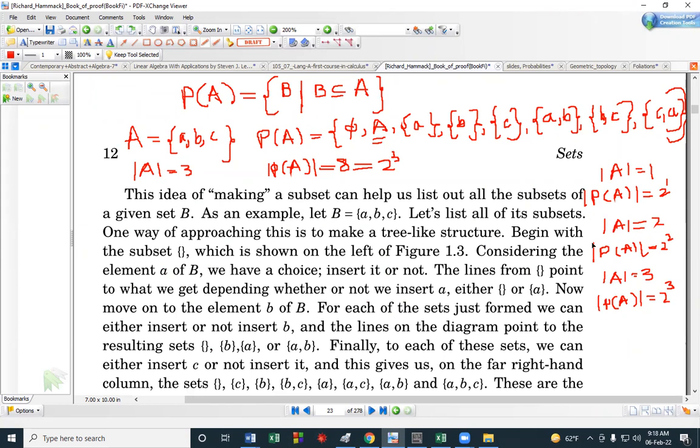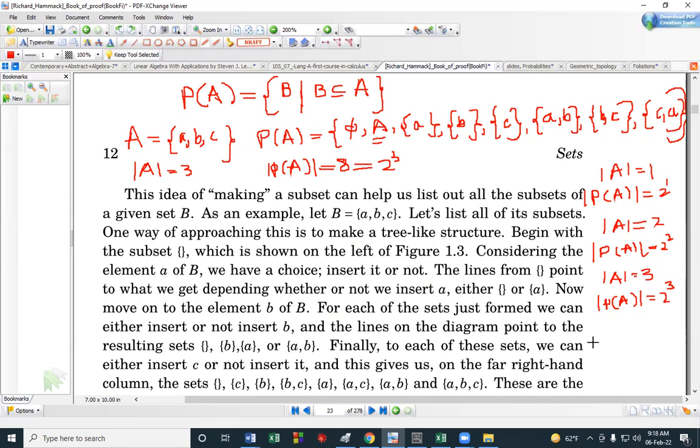Then we experimented with a set with 2 elements and found its number of subsets is 2 to the power 2. So with the cardinality of the set, we found a pattern.